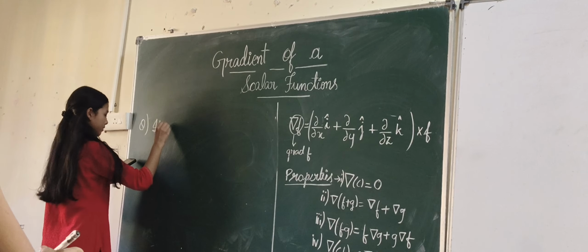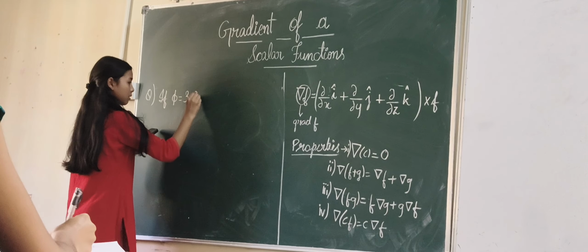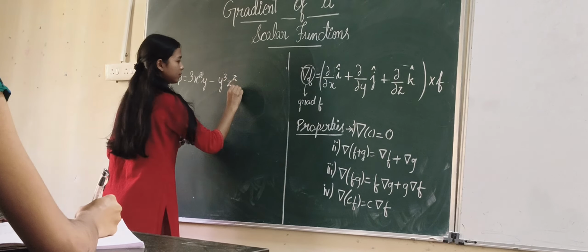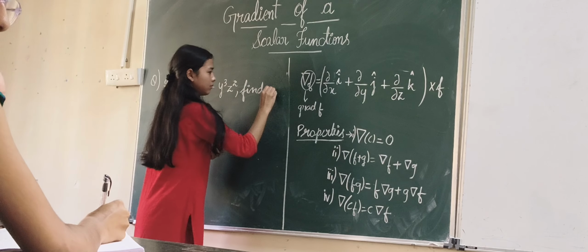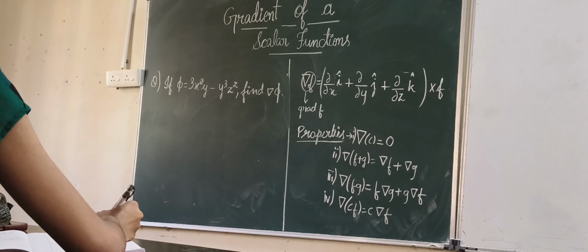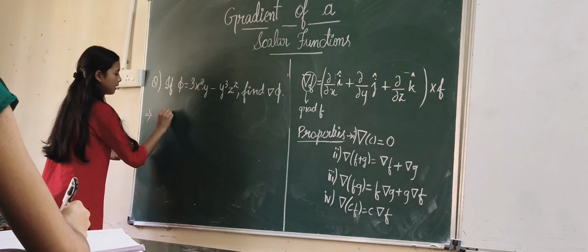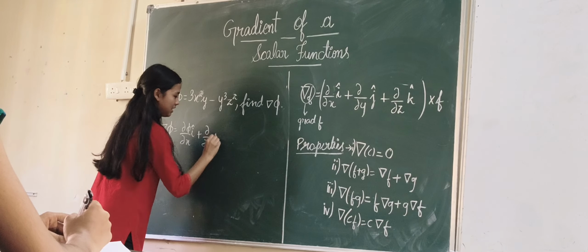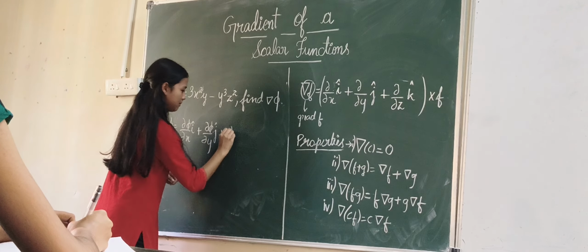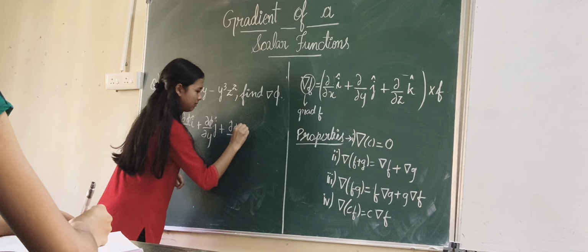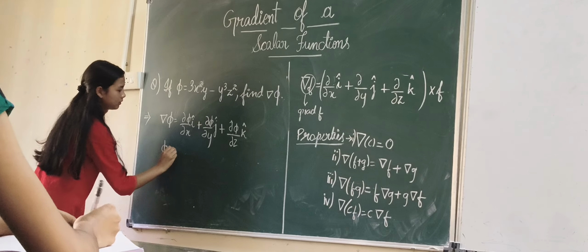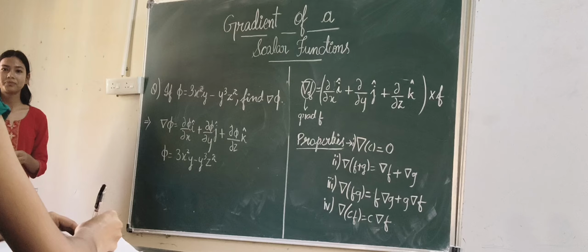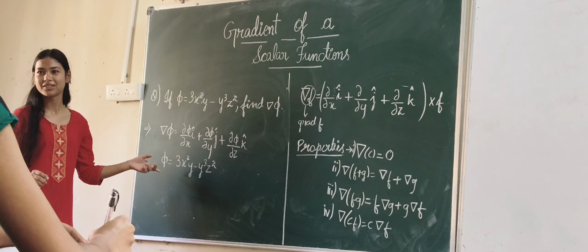The question is, if phi equals... we know the formula, that is... so it's again this one. So do I need to do the calculation?